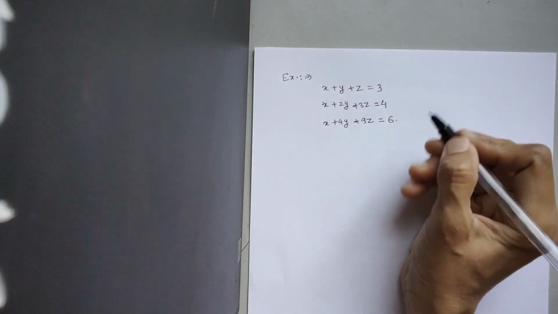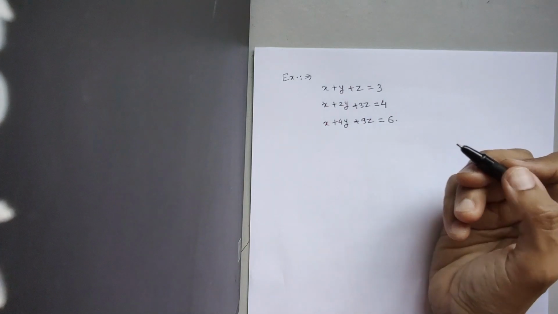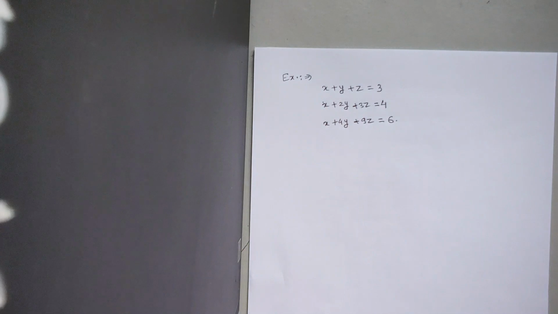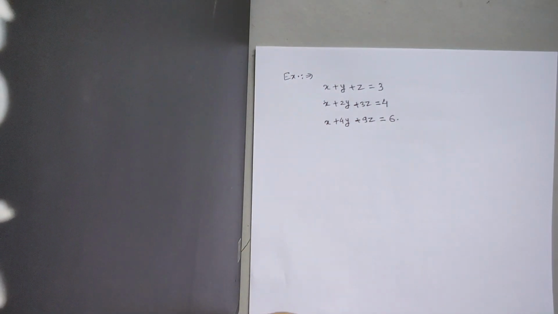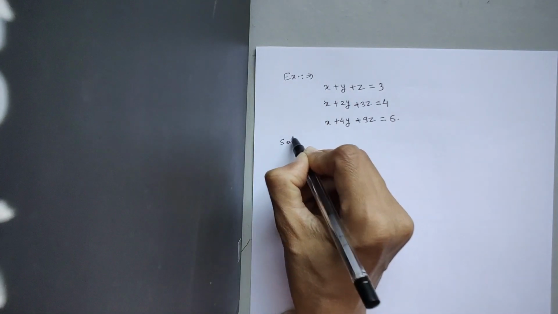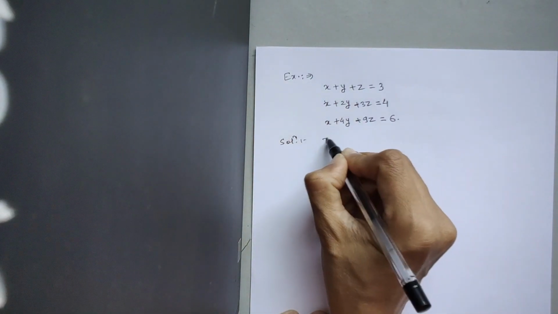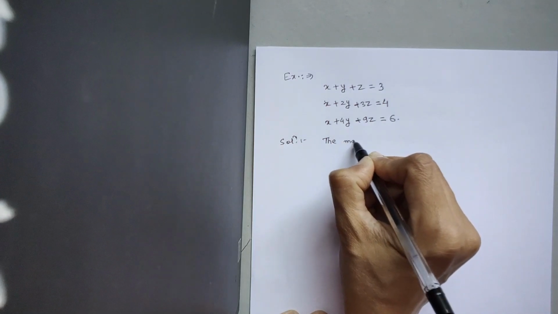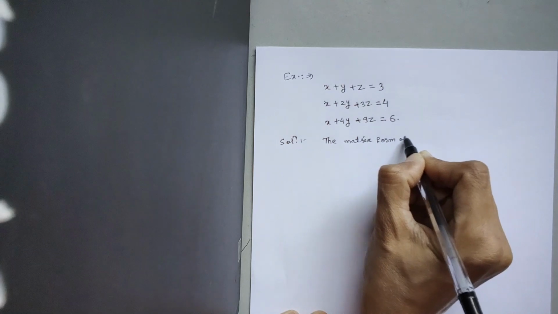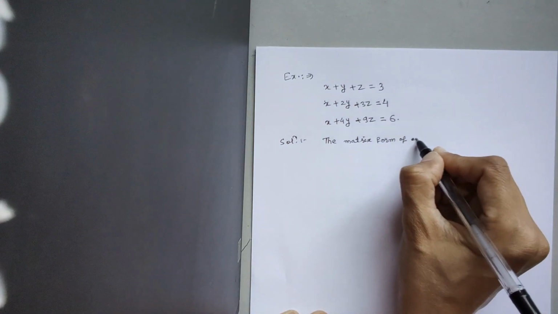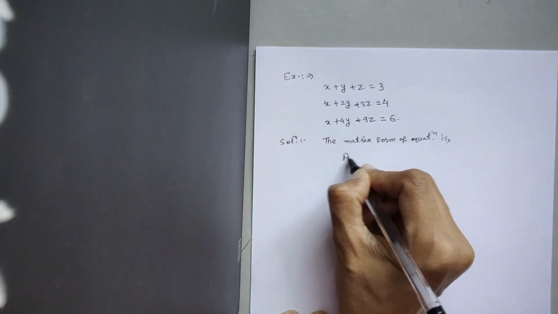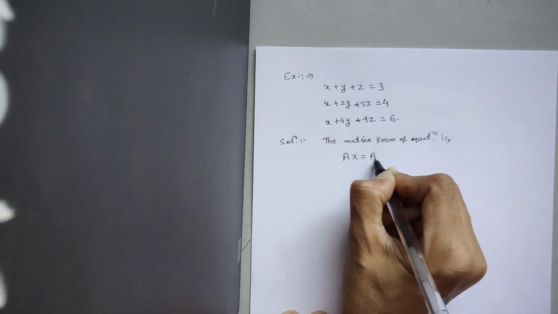And we need to solve it by using the matrix inversion method. So step by step we are going to follow it. First of all, I will write the solution here. The matrix form of the equations is AX equal to B.